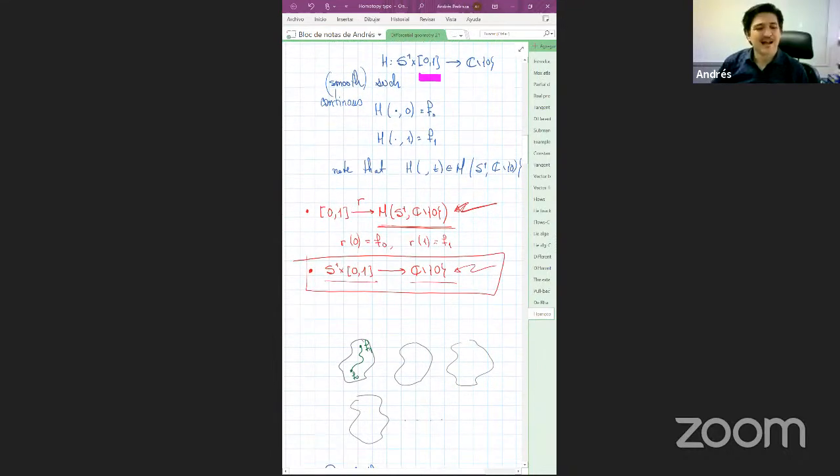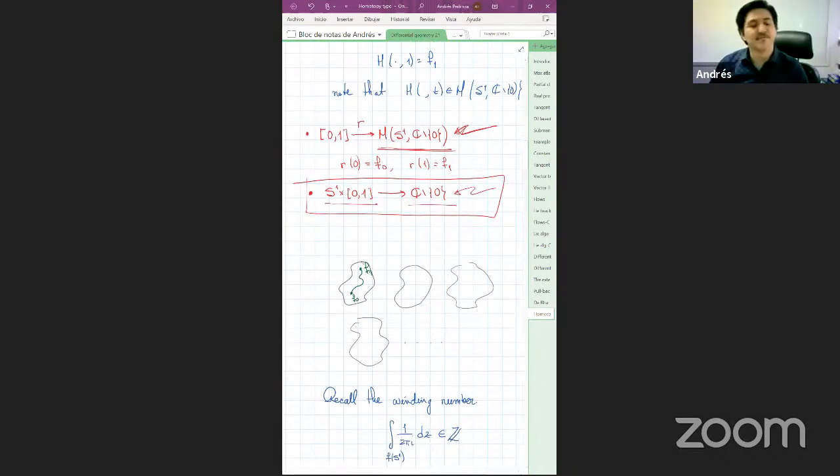We still don't know if it's connected or not, or how many connected components we have. But now we have the notion of what it means for two functions to be in the same path connected component.